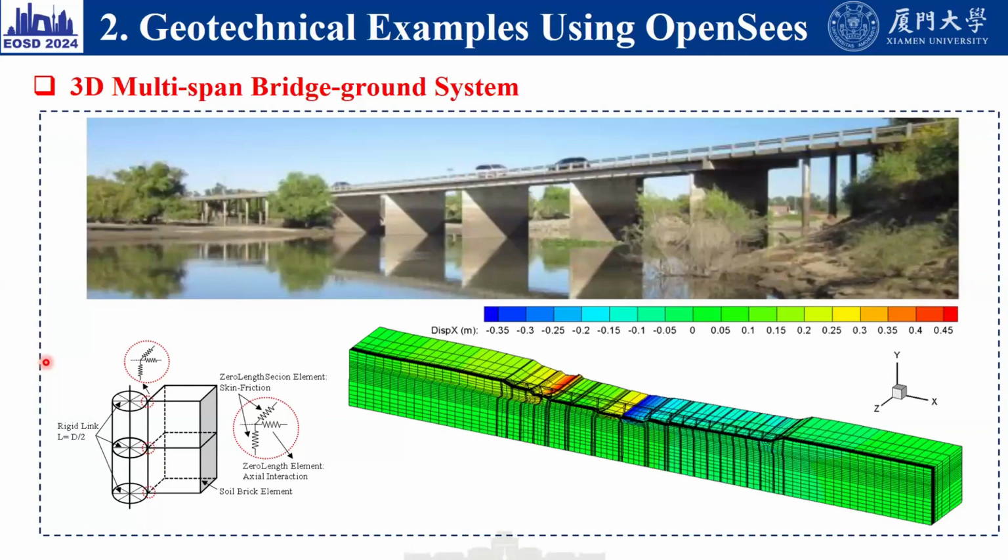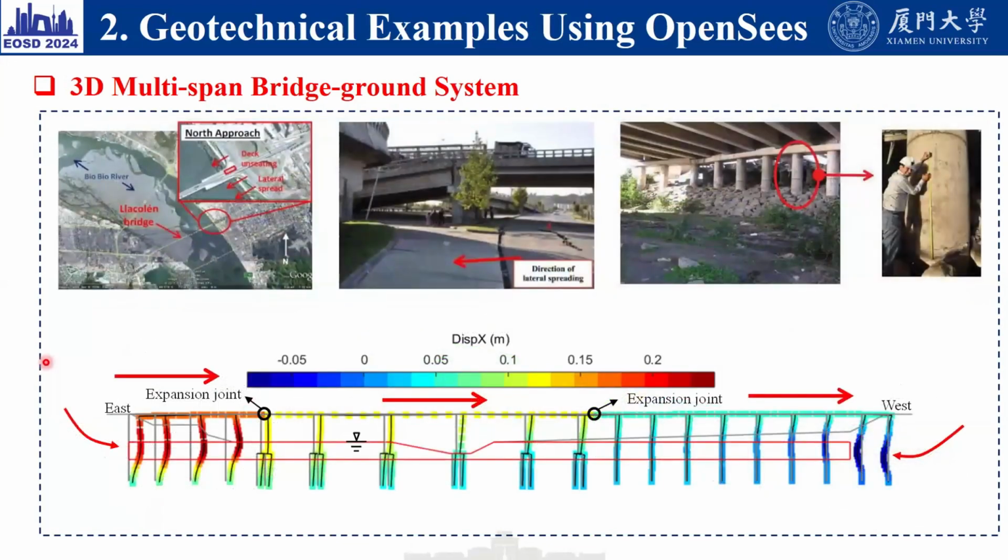So we did a lot of analysis for this bridge. We also compare the damage. Just a suggestion: if you conduct a simulation, you probably need to compare the mechanism with an actual scenario, right? This is the actual bridge failure in New Zealand.